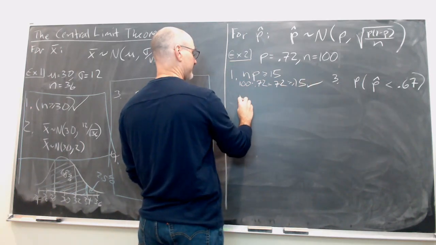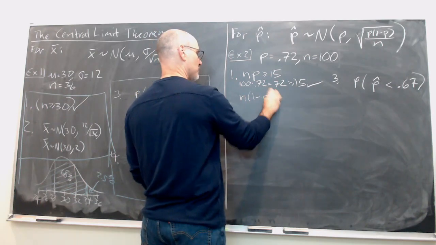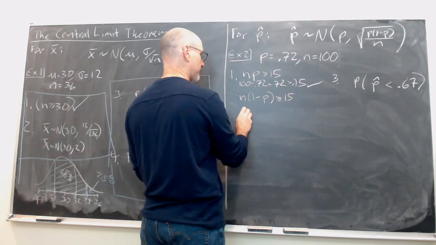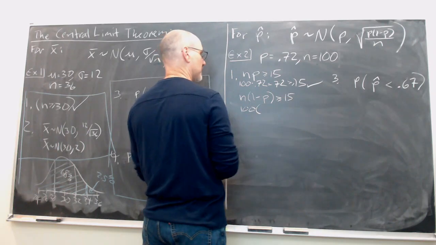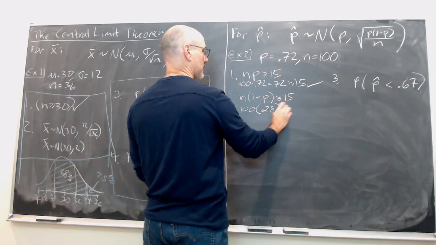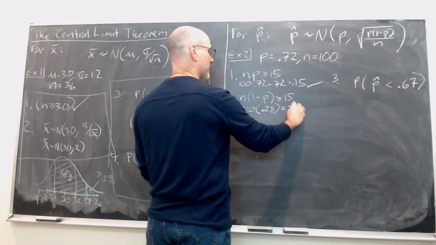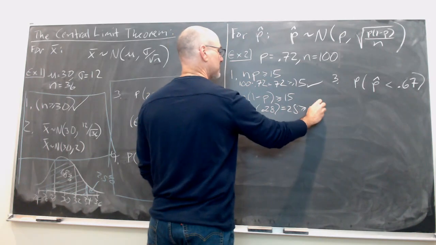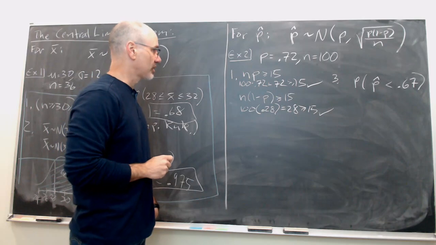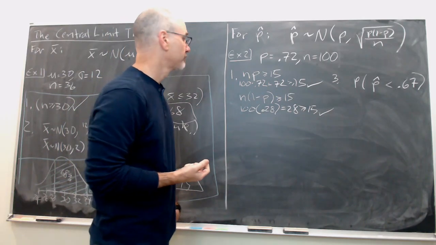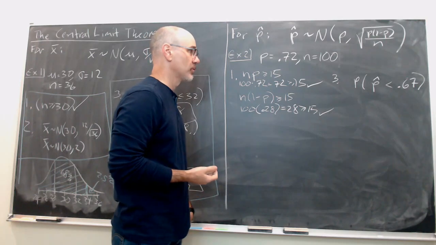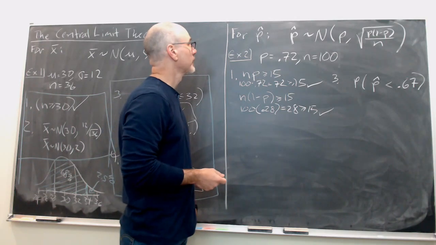The second thing I have to check is that n times 1 minus p, the thing not happening, is also bigger than 15. So that's 100 times 0.28, which is equal to 28, larger than 15. So my n is large enough that it works on both counts, and I am free to apply the central limit theorem version for sample proportions.